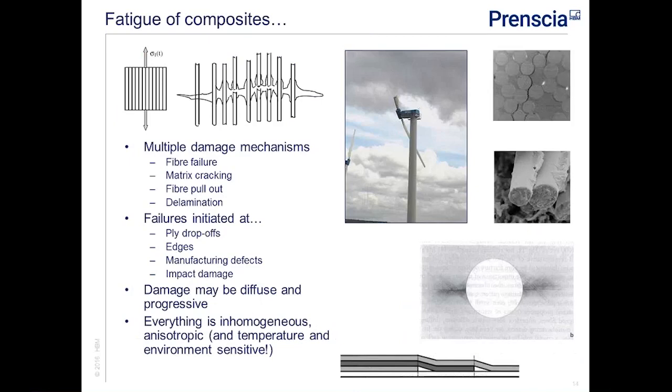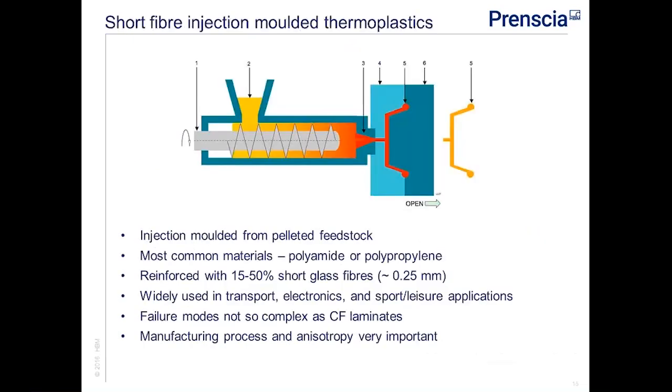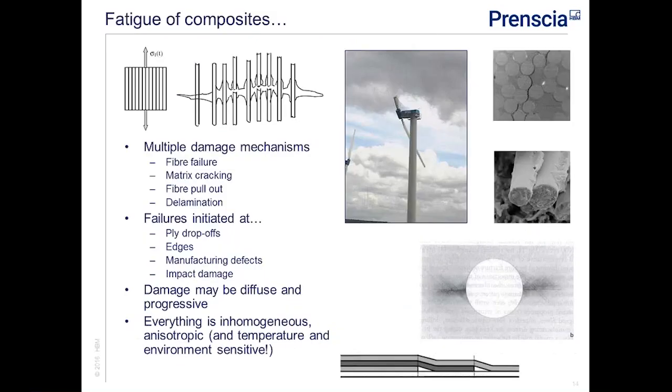Now, unfortunately, composites also fatigue. If you look at the picture in the middle of the broken wind turbine blade, this is a picture that was actually taken out of our office window. So composites definitely fatigue. But their behaviour is quite a lot more complex. We tend to see multiple damage mechanisms: matrix failure, fibre failure, fibre pull-out, delaminations.